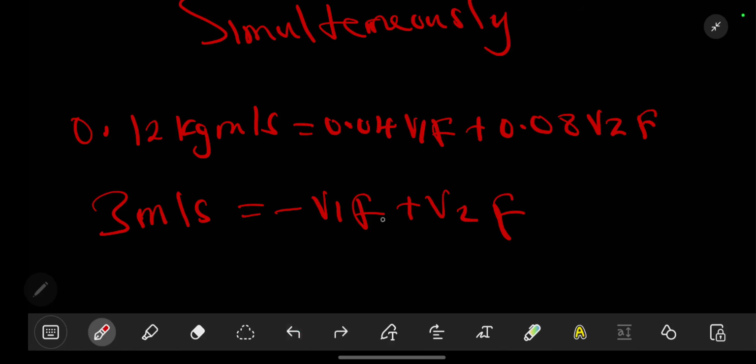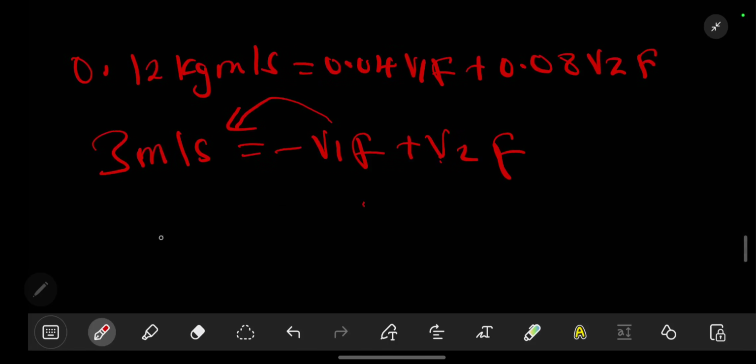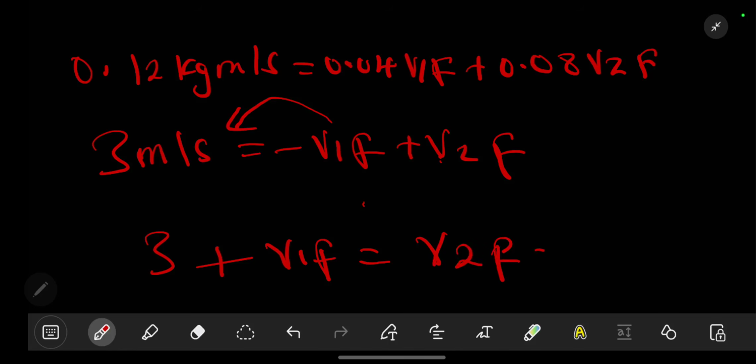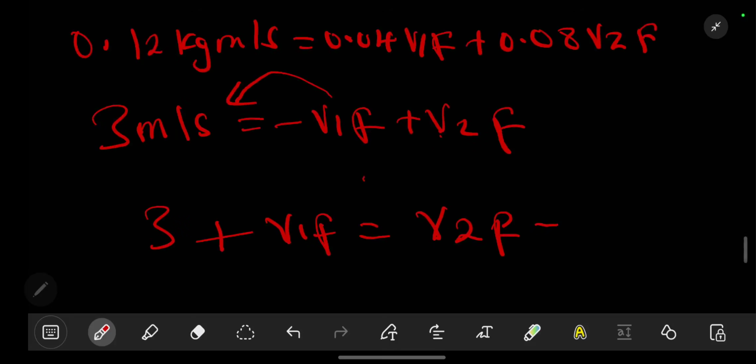So we are going to make V2 the subject of the formula. We take this side, so that we have 3, let's forget about the units, 3 plus our V1 final should be equal to V2 final.